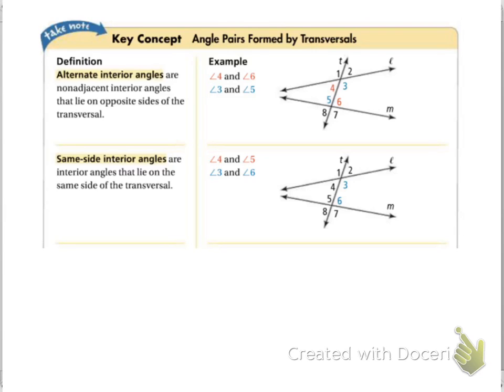So alternate interior angles are non-adjacent interior angles that lie on opposite sides of the transversal. When it says alternate, just think about going back and forth. So here is your transversal right here.